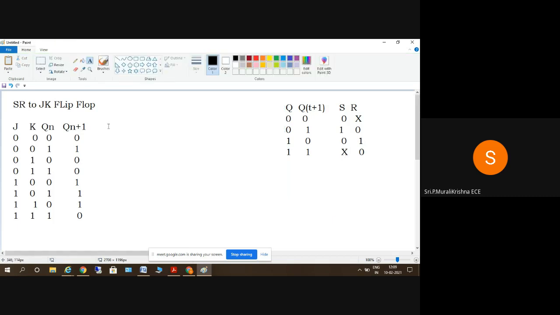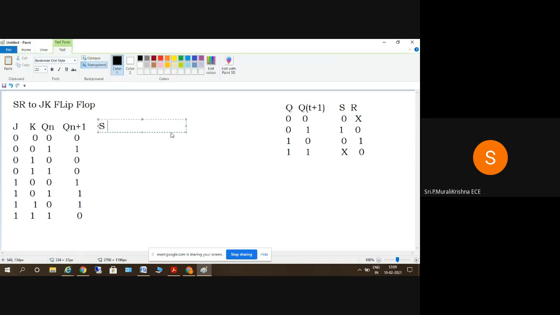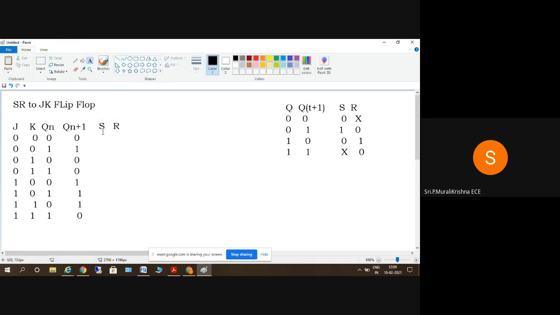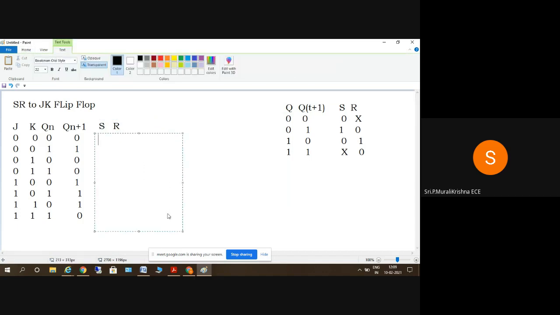Okay, so tell me the values of S and R here. Q of n plus 1 is 0 0, so we'll get a 0, don't care. Next 1 1, don't care 0, and 0 0 it's a 0, don't care.